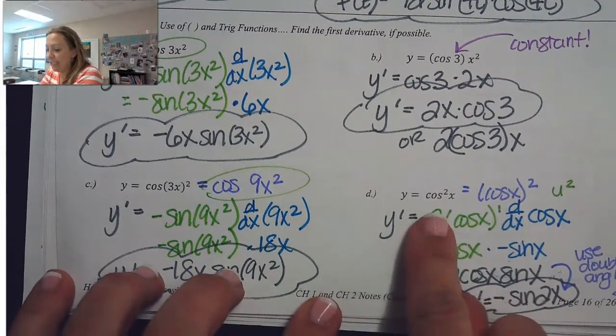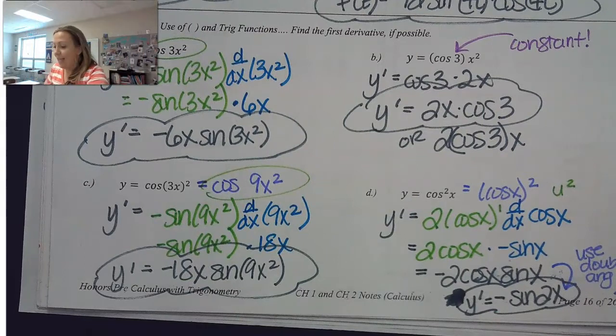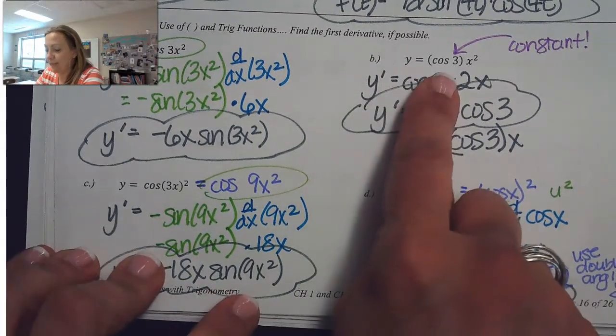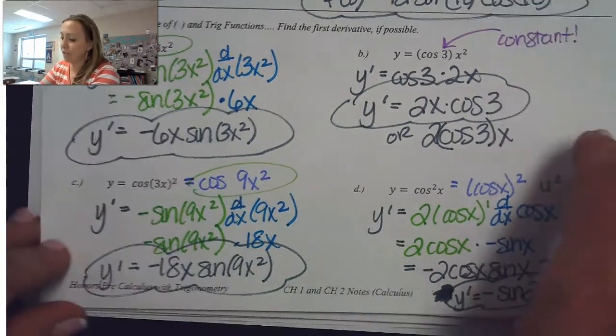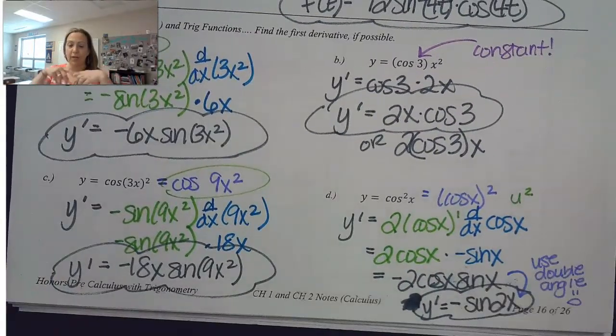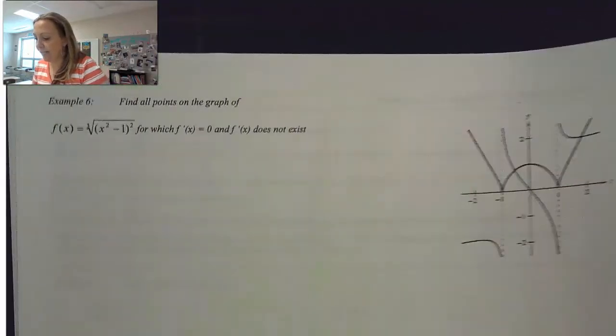In letter D, it was the cosine function that was being squared. And in letter B, this set of parentheses meant that that was just a constant instead. So just be really cautious about where your parentheses are, where the exponents are when you're doing your derivatives. Okay. All right.